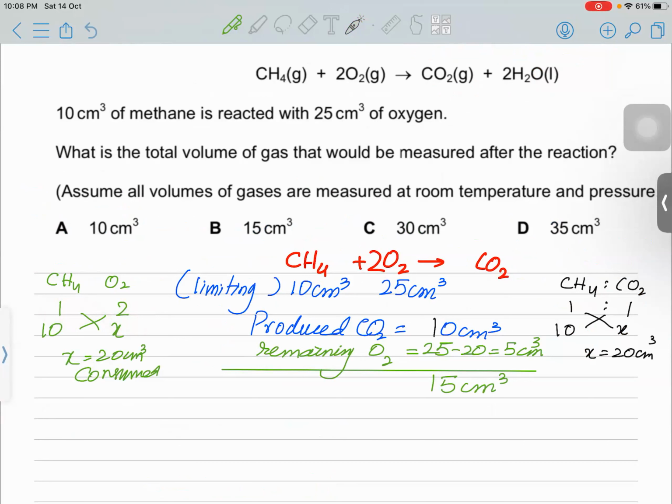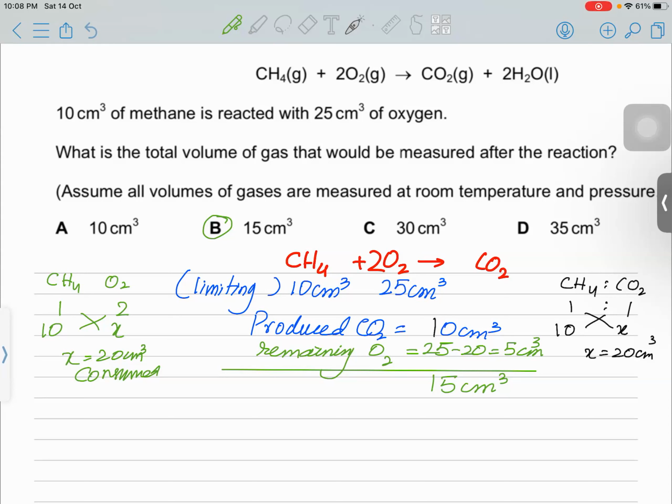Do you have any confusion? Tell me again. No, sir, I got the answer. So 15 cm cube. After the reaction there was remaining oxygen 5 cm cube.